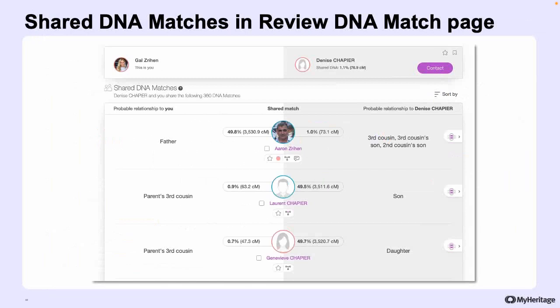I was able to identify that Denise is from my paternal side of the family. And this is why it's useful to also test older generations. When you view other matches and you have shared matches, it helps you to understand from which family line or which family branch they come from.